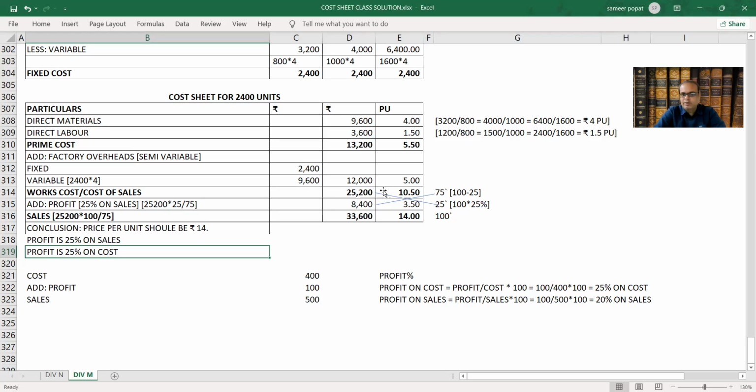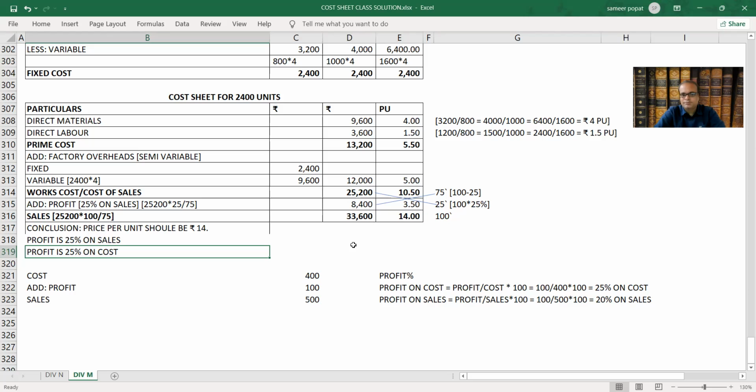So this 25,200 represents 75. Simply cross multiply. If 25,200 is 75, how much would be 25 and how much would be 100? So 25,200 into 25 divided by 75 would be your profit, and 25,200 into 100 divided by 75 would be your sales.